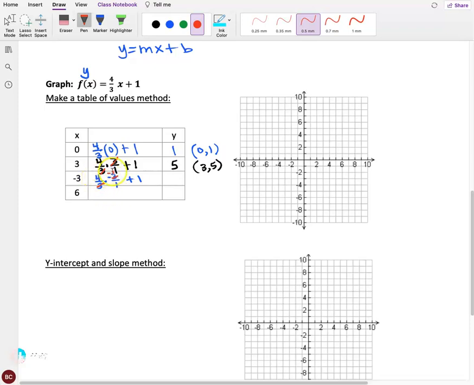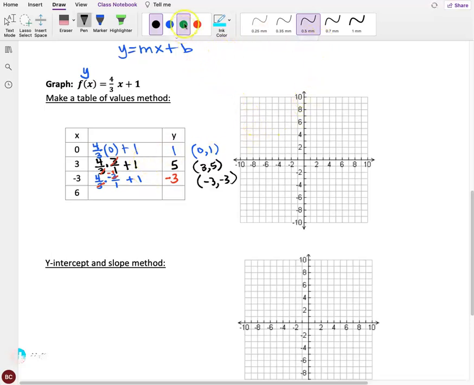So I have 4 times -1 is -4, and then -4 plus 1 gives me -3. So another point is (-3, -3). And then you could do another point there. 3 points are probably the minimum that you want to do when you're using a table of values like this.